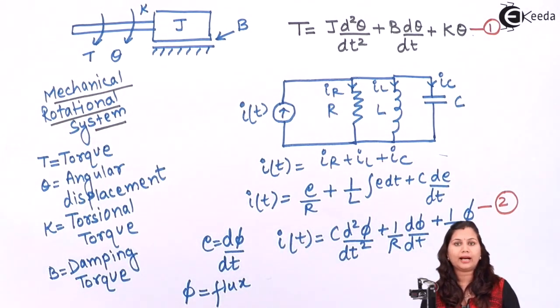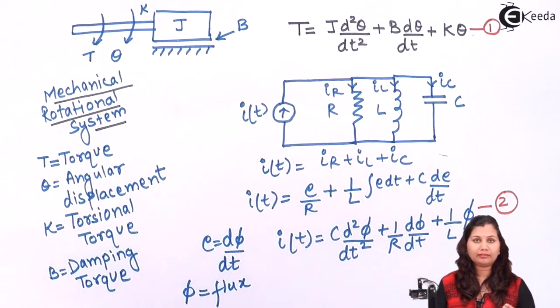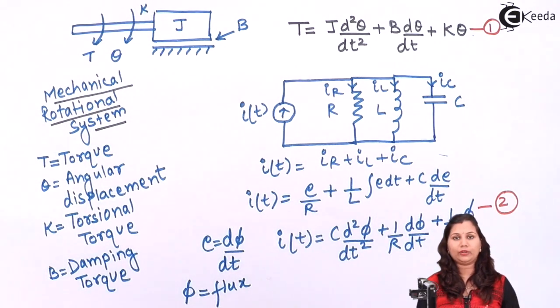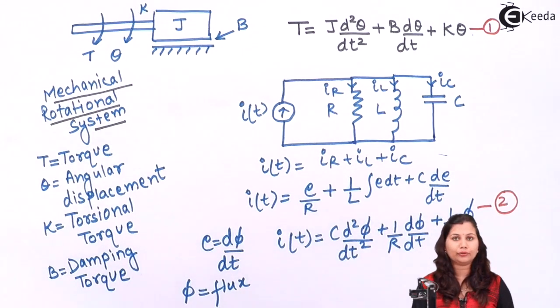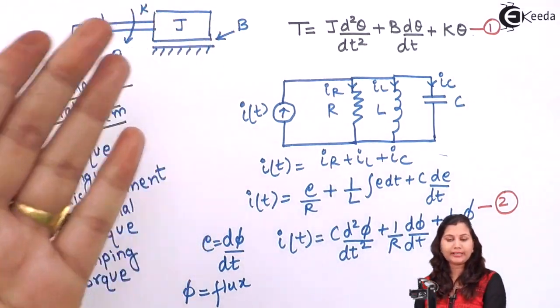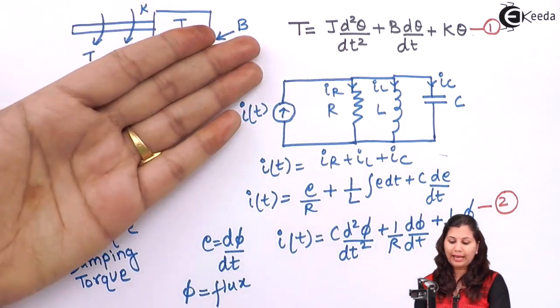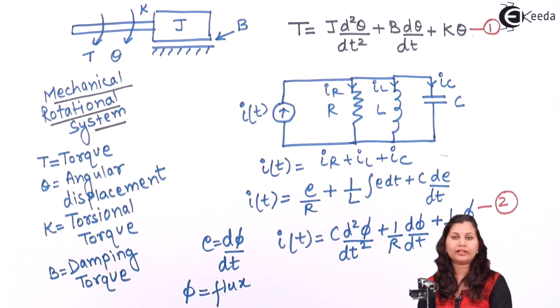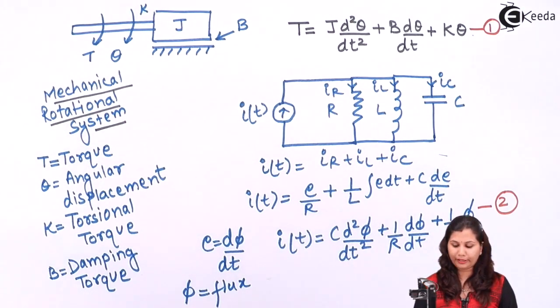Whenever in a question we have to find out the analogous system of the mechanical rotational system, we will just write the equation for that system and replace these variables with their respective variables so as to get the analogous system for it.